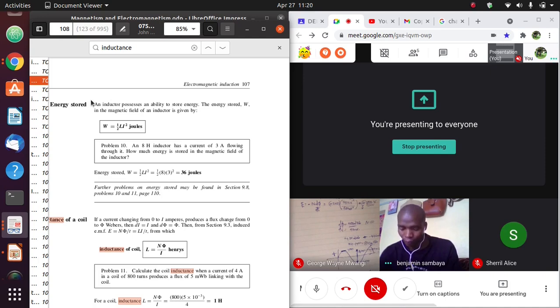Give me an answer. That should be straightforward because the formula is a half Li squared. The unit of measurement for energy is joules.